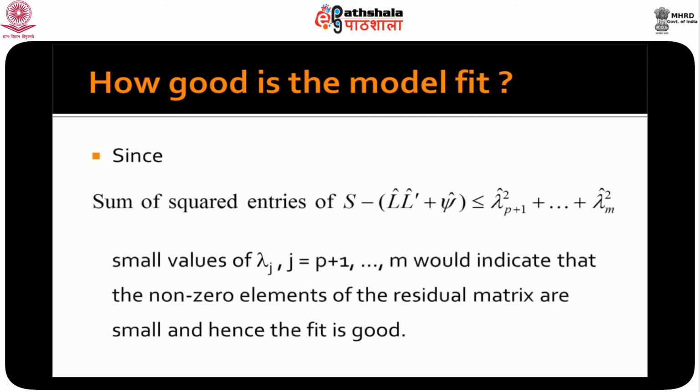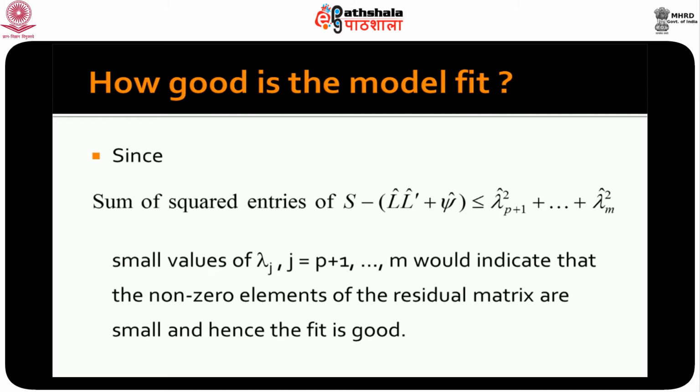But then if you look at the sum of squared entries of S minus (L hat prime plus psi hat), you can see that this is less than the sum of squared entries of S minus L hat prime. And if you look at that, you can see that we can prove it to be less than or equal to the eigenvalues lambda p plus 1 hat square to lambda m hat square.